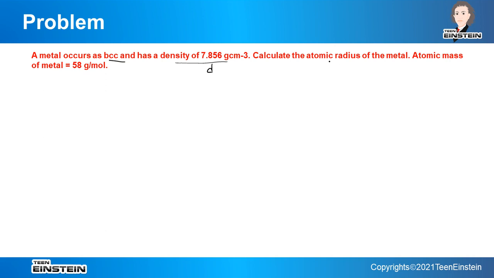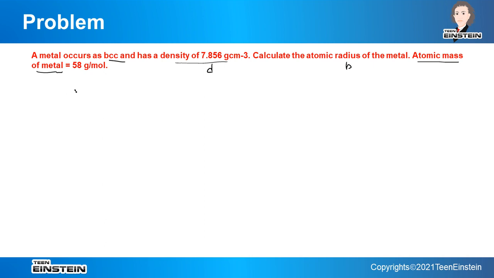We have to find atomic radius of the metal. Okay, so atomic radius of the metal, suppose it is R. Atomic mass of the metal is given, which is 58 gram per mole. Fine. So atomic radius of the metal for BCC lattice.